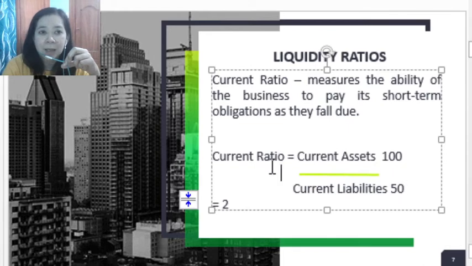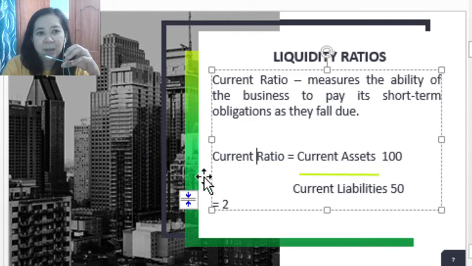But of course here, we should exclude the cash figure, just like what we have mentioned earlier, or depending on the analysis.